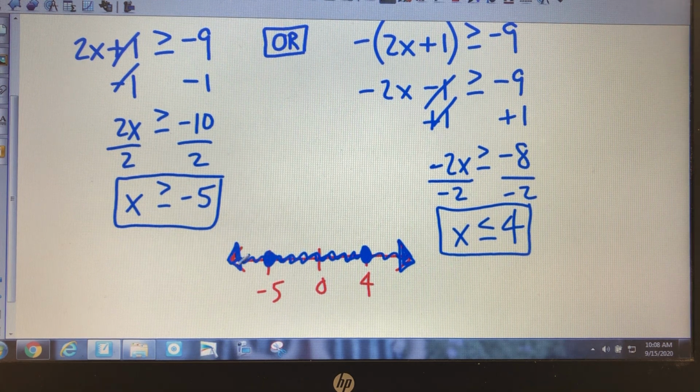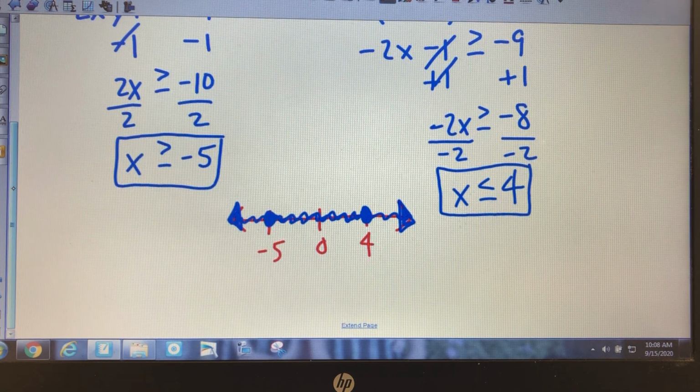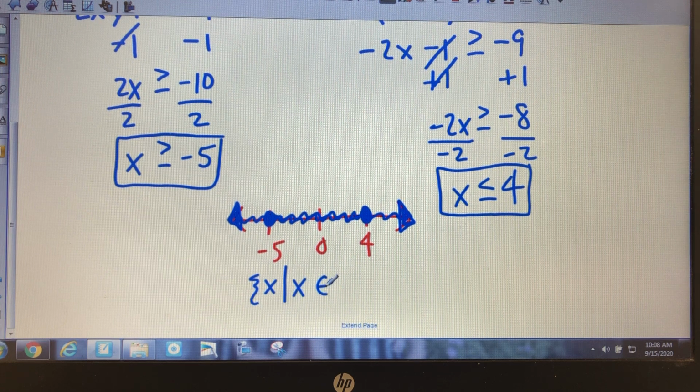Well, what happens is we end up shading the entire number line because it could be this or that. It's not an and statement. So we end up shading the entire number line. So that means x such that x is an element of all reals. In other words, everything works.